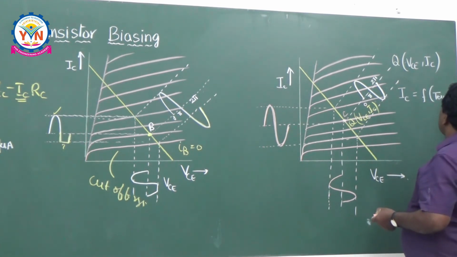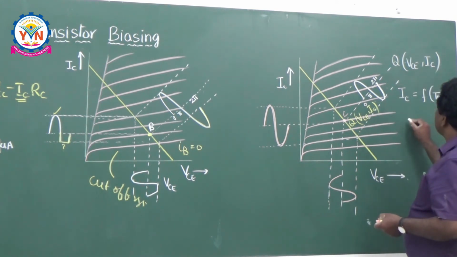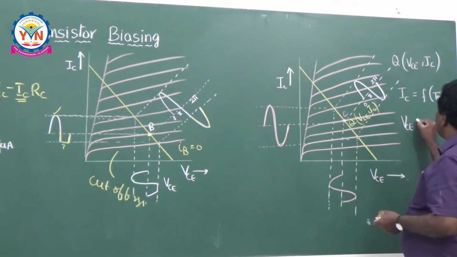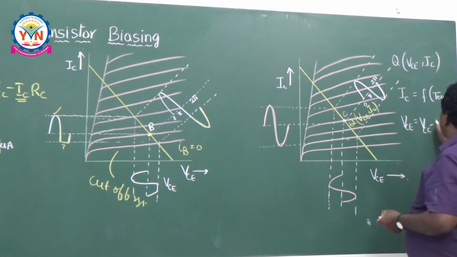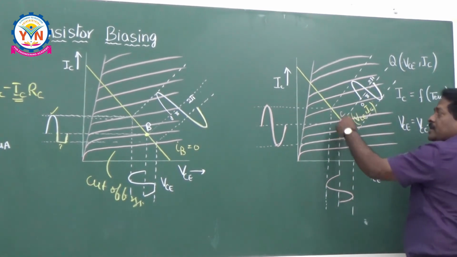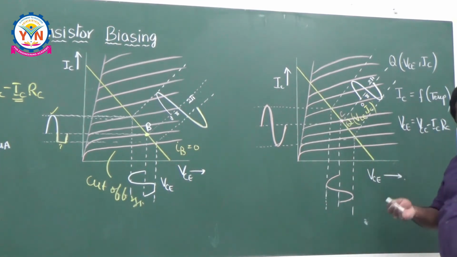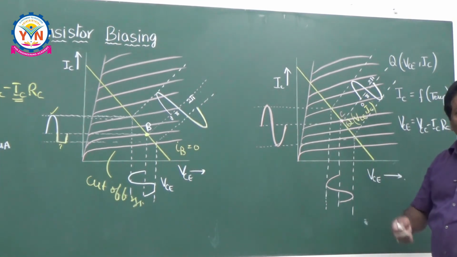If temperature changes, your IC changes, and IC changes means your output voltage VC is equal to VCC minus ICRC. So if IC changes because of temperature, your VC also changes. That means the operating point changes. If the operating point changes, then there is a danger of getting distortion in the system.